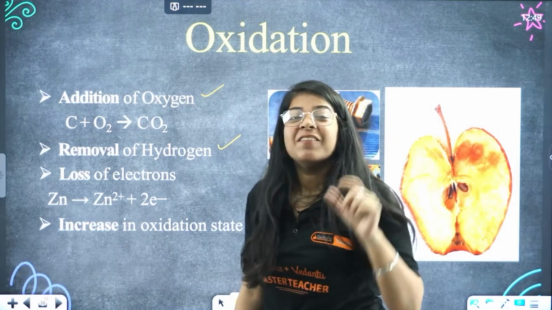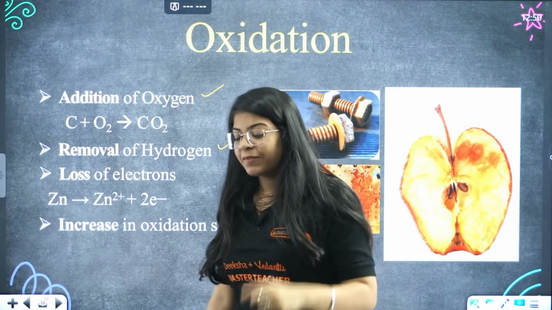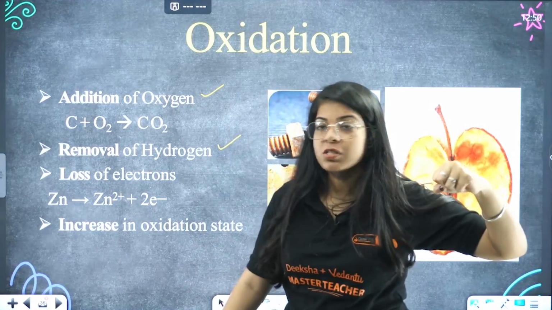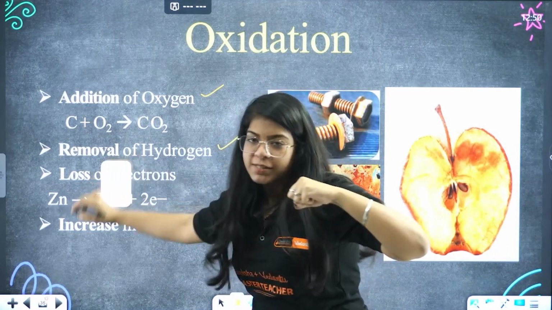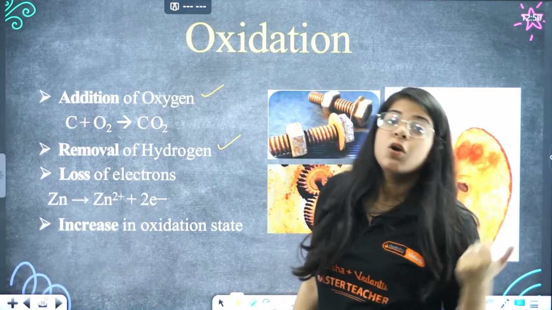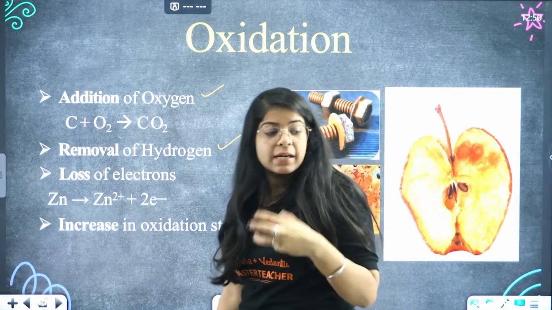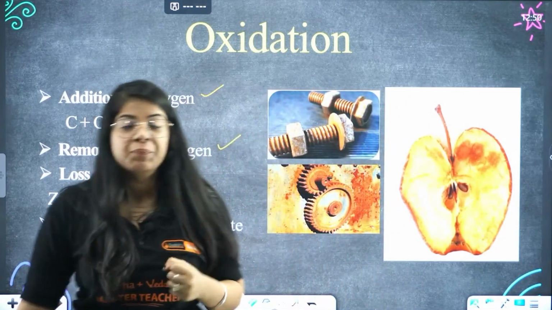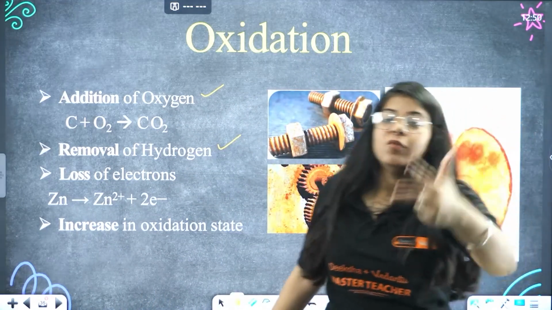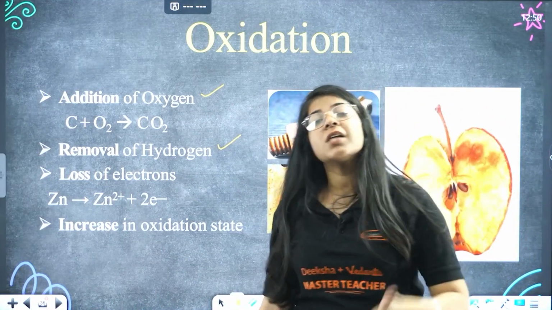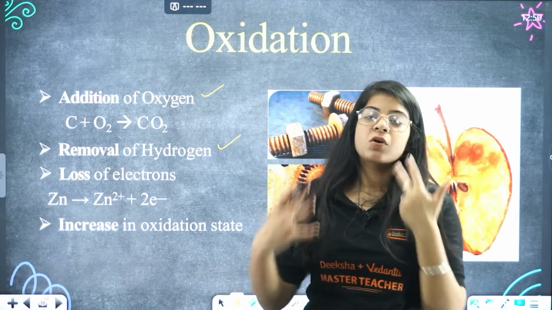Also, we have loss of electrons. Whenever electrons are lost, for example Zn: Zn loses 2 electrons and becomes Zn2+. So electrons are lost, and that is also oxidation. So addition of oxygen, removal of hydrogen, and loss of electrons are all oxidation.